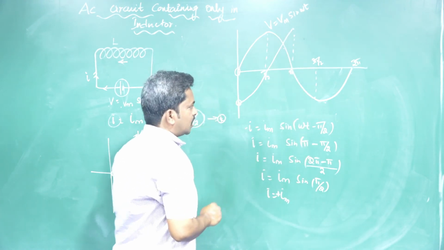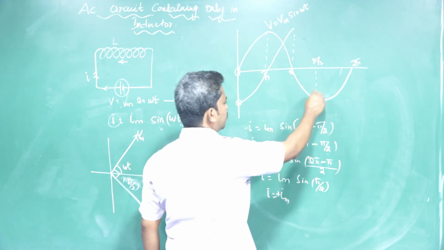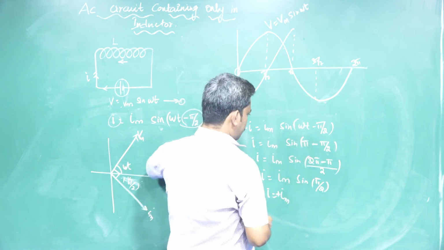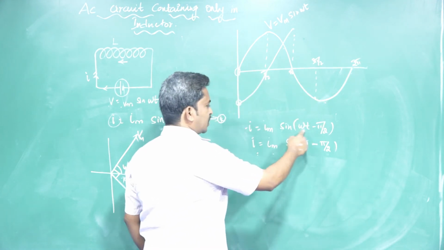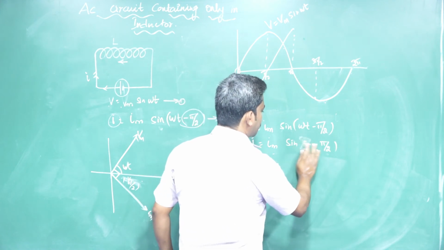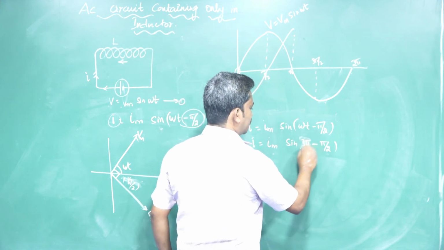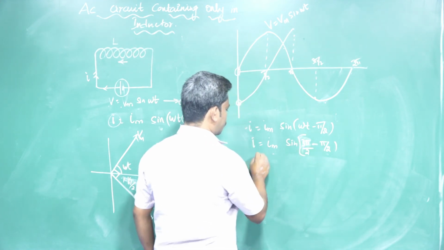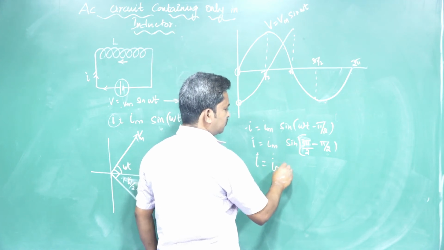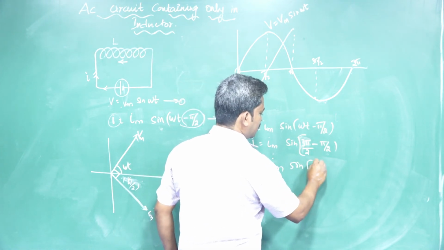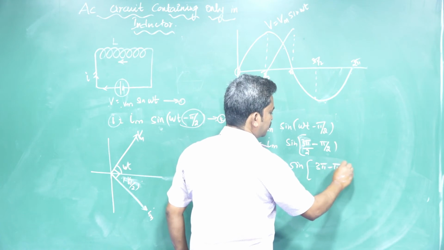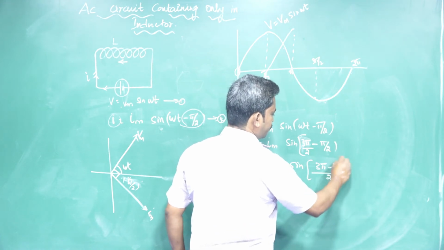Next one is 3π/2. Same equation, I = Im sin(ωt − π/2). Now ωt is 3π/2, so I = Im sin((3π − π)/2).